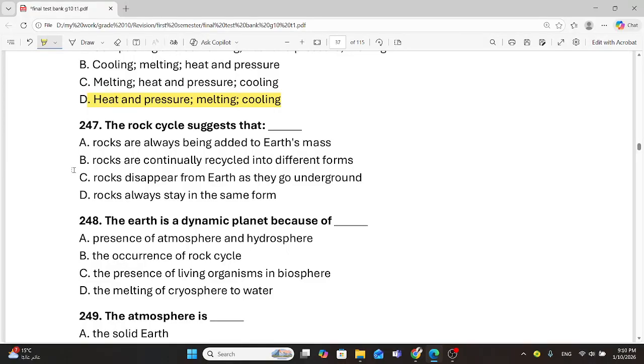The rock cycle suggests that rocks are always being added to Earth's mass. No, rocks are continually recycled into different forms.